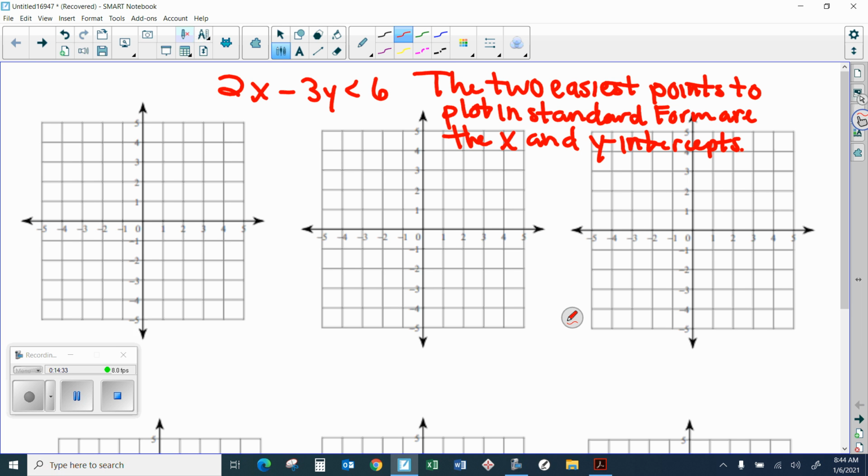Okay, you should have that memorized. Well, if your Algebra 1 teacher has already taught you this, or if this is the first time you're in Algebra 1 right now watching this video, you now know it and you need to memorize this.